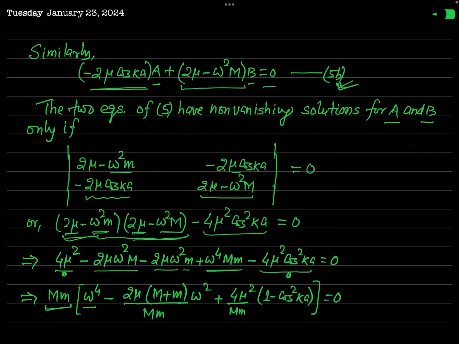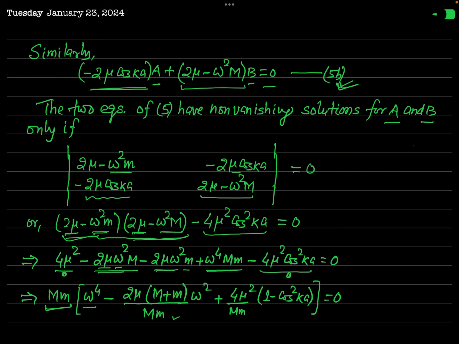Now in the second and third term, you can see this 2 mu times omega square is common, and the remaining terms will be then what? M plus m. But in this term there is this M times m not present, so you have to divide it.